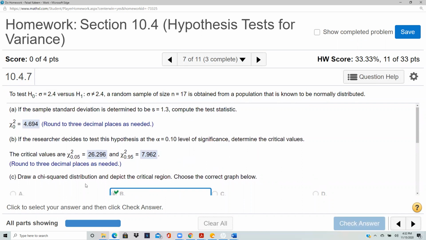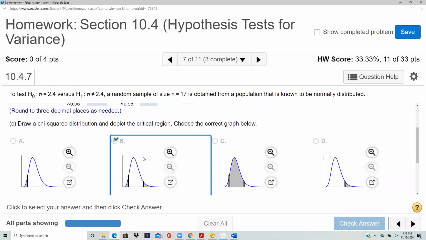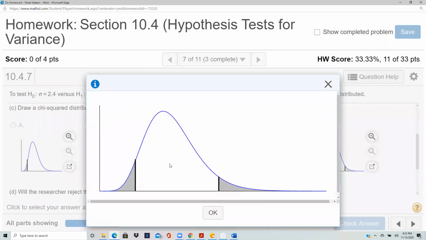So 4.694 is not between these two. It's actually on the left of 7. So once again, this one was 7 and this was 26, and the 4.694 would be somewhere here. So actually it is in the critical region. So you will reject the null because this 4.6 is less than.